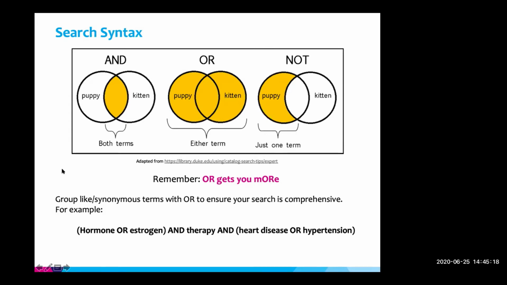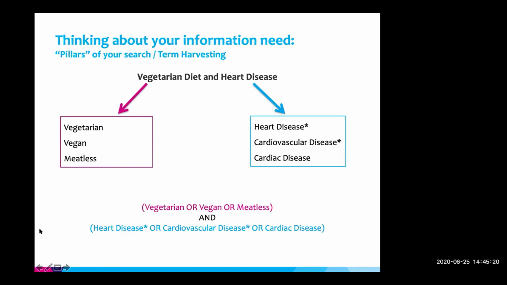So my next slide might explain it better, might explain it worse, probably depends on the person. But let's say I'm thinking, okay, I want articles on vegetarian diet and heart disease. I want to see where the research is and what's going on here. What are different terms that people might use to describe vegetarian diet? There's probably a lot more than I have listed here. And then I did the same thing with heart disease. In this case, which I'll explain more when we go into PubMed, that involved expanding beyond heart disease, where I say cardiac disease or cardiovascular disease.